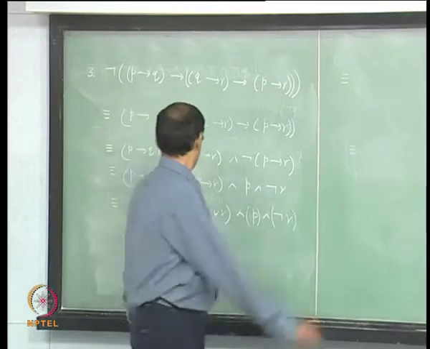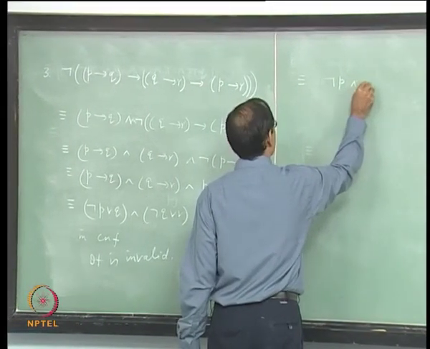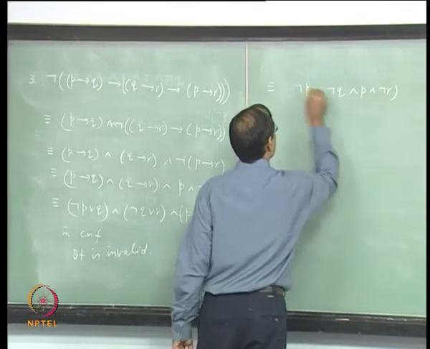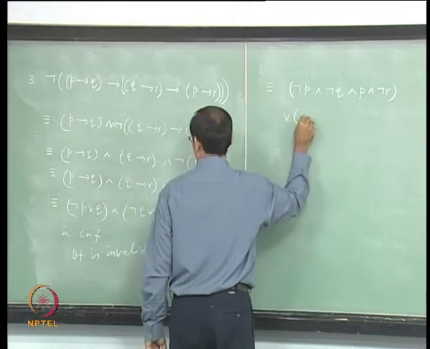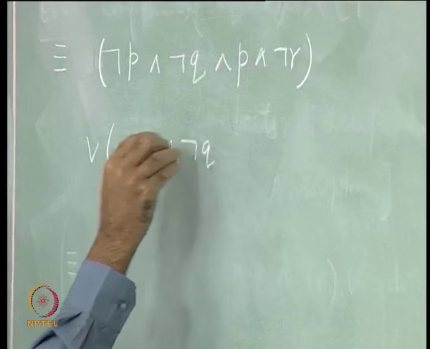Okay. So, it gives not P and not Q and P and not R, or R, not P and not Q, not Q is gone.